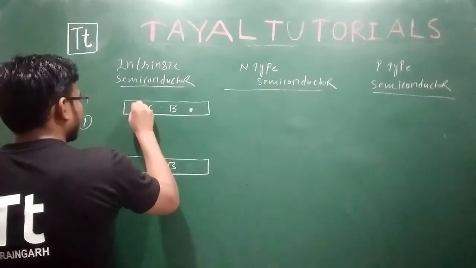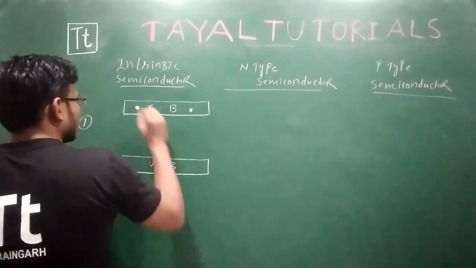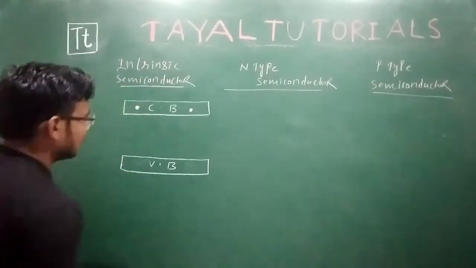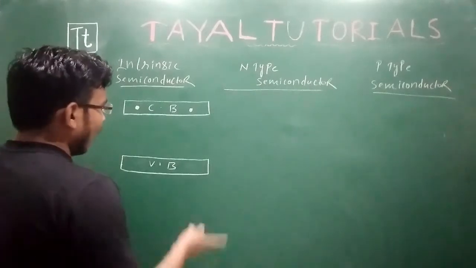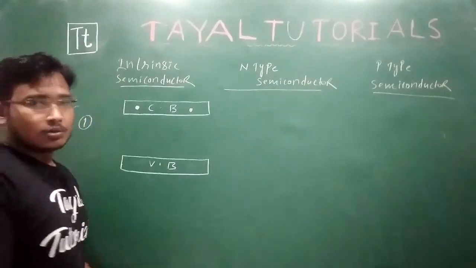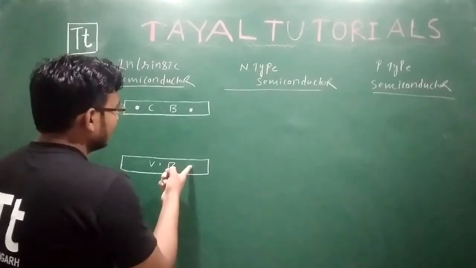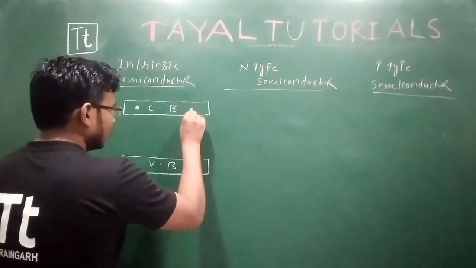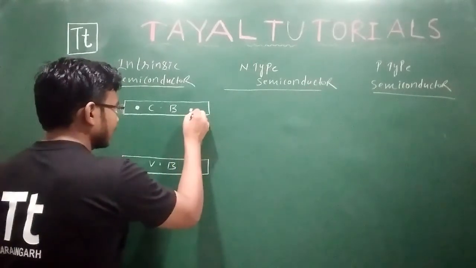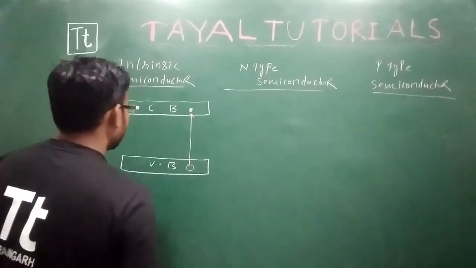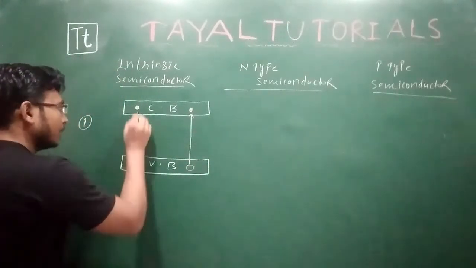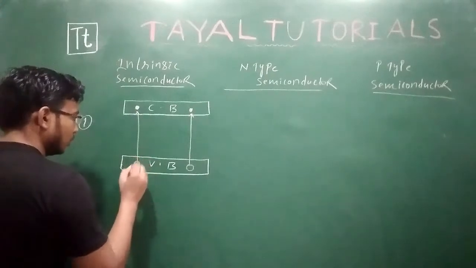I have told you in p type of semiconductor, absence of an electron will create a hole. So from here that electron will go, and here the hole will be created. Similarly here the hole will be created, there is one hole.